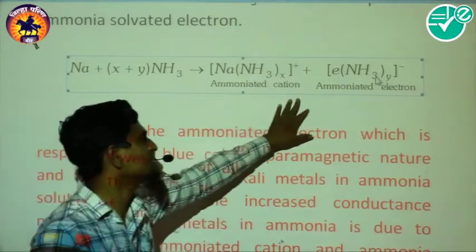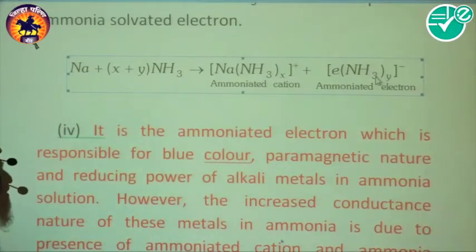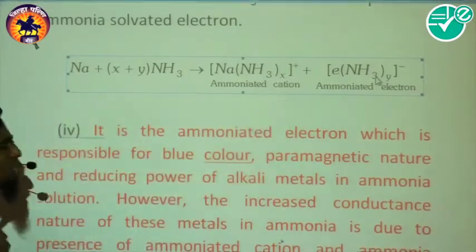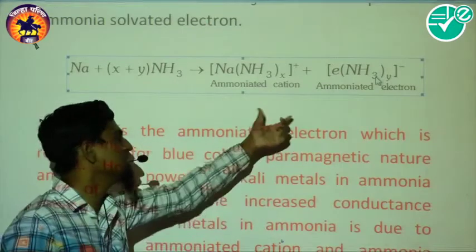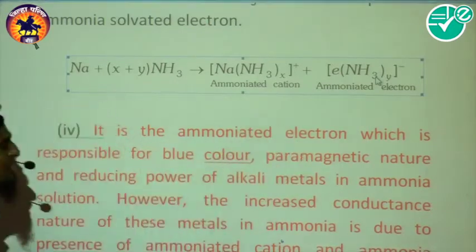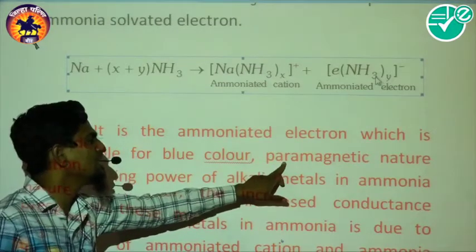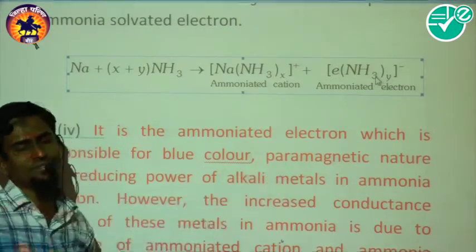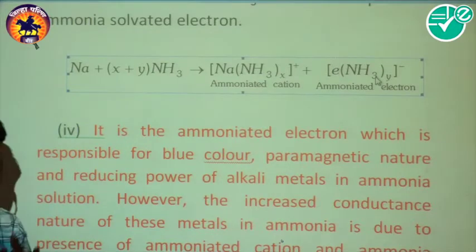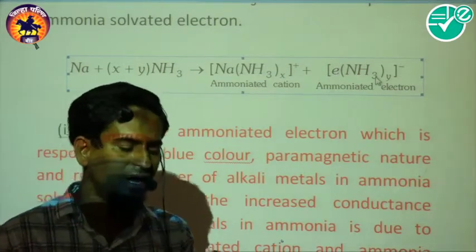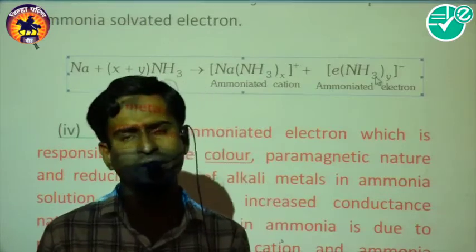So this cation and anion impart color because of this electron, and because of this they are able to conduct electricity. And again, because of that electron they are paramagnetic in nature, when you add alkali metals to ammonia.